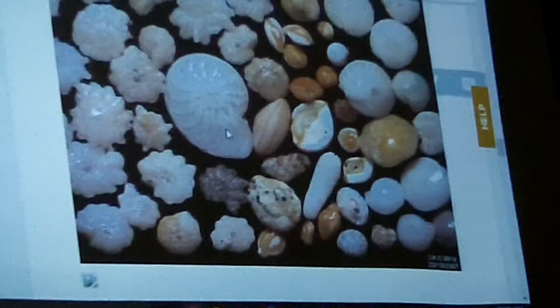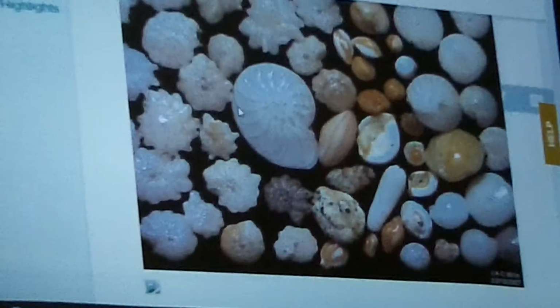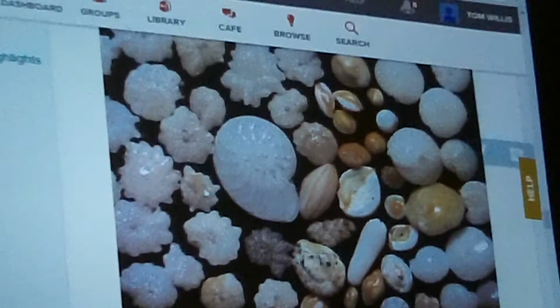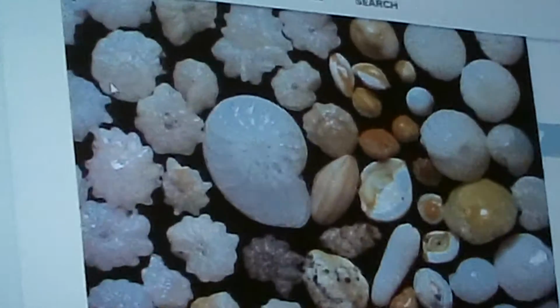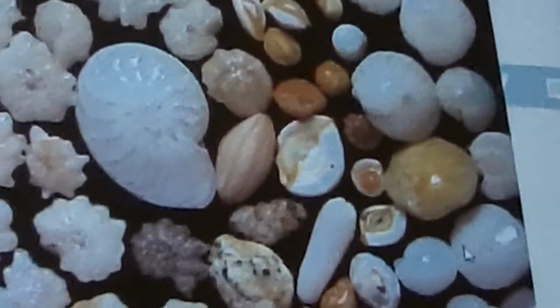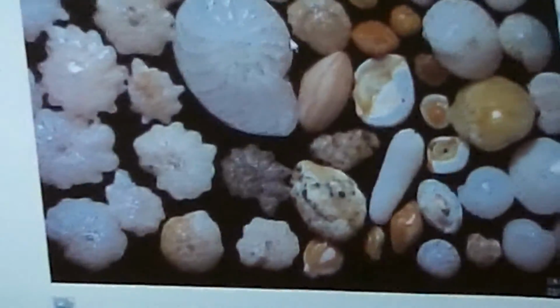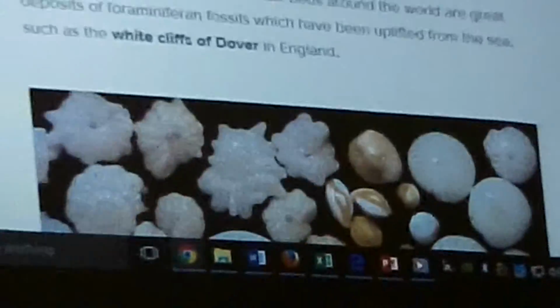It's the same substance. But these things are microscopic, or almost microscopic, about the size of a sand grain. You probably saw some of these when you were looking at sand under the microscope. Some of the sand grains had patterns in them, little holes and things, and those were probably foraminiferan shells.